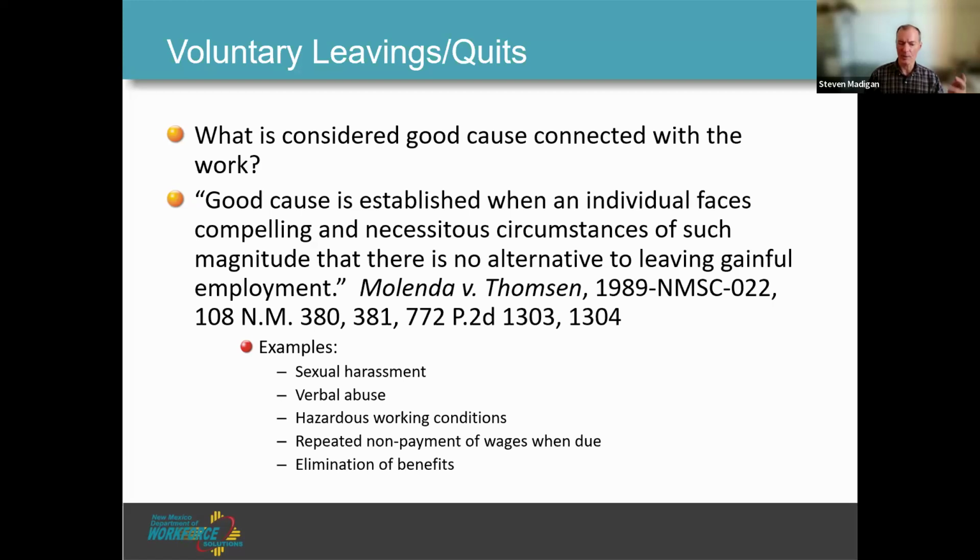If a claimant employee is repeatedly not being paid when payment to them is due, or another one would be an elimination of benefits. So, as of today, they have medical, dental, vision insurance, and then, as of the new year, those are gone. We do consider that good cause for quitting that particular job. And again, those are only examples. That is by no means an exhaustive list.